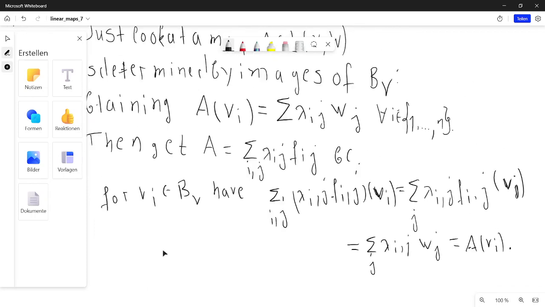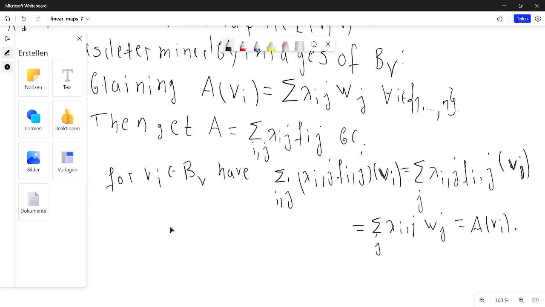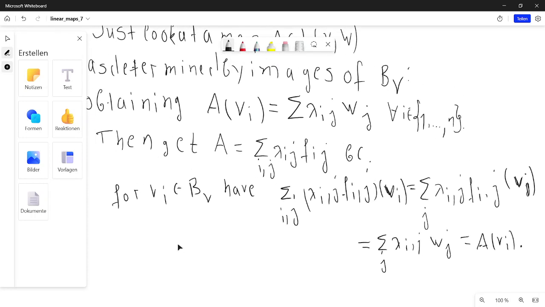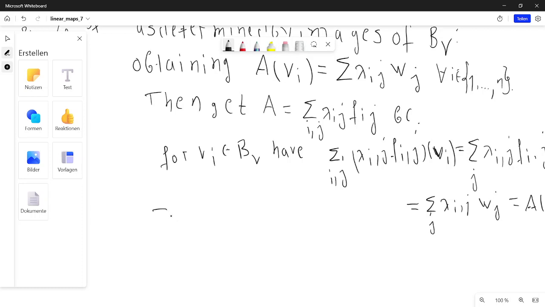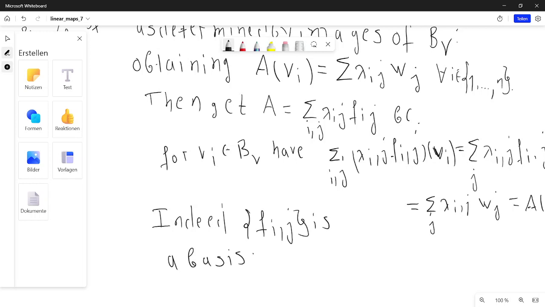Right, so this spans it, and this was linearly independent, so indeed f ij is a basis of L(V,W).